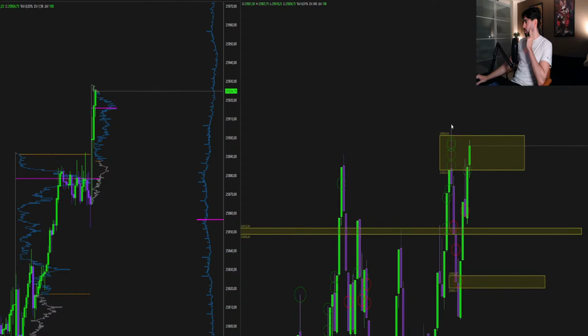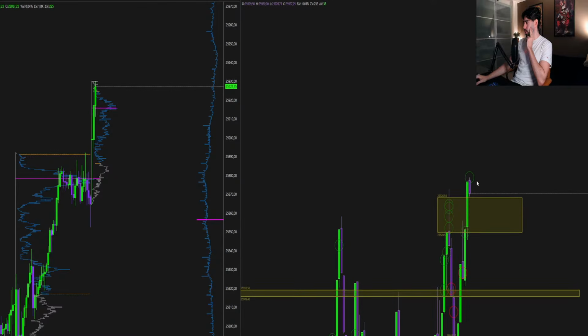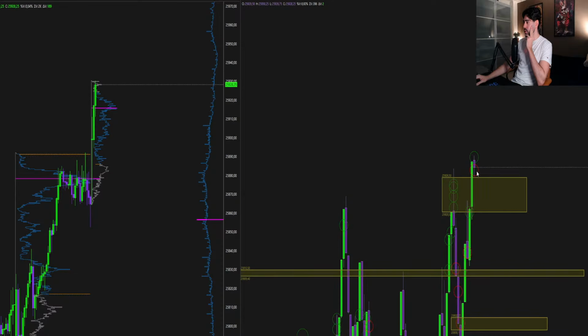Something interesting would be to take maybe a stop buy up here, because now, let's see if we get what Fabio says. Aggressive sellers. Here's the battle.